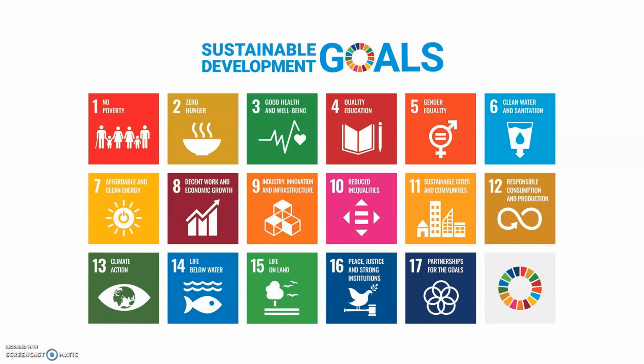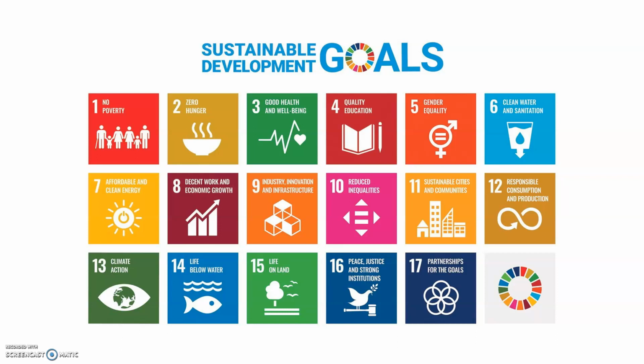Number 12, responsible consumption and production. 13, climate action. 14, life below water, that is marine life. 15, life on land. 16, peace, justice and strong institutions. And the last Sustainable Development Goal is that of partnerships for the achievement of these goals.